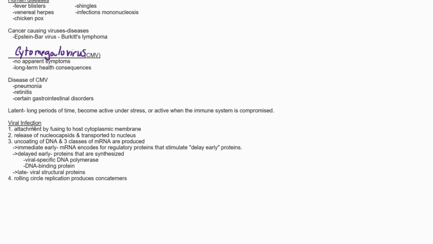How does this work? 1, there is an attachment by fusing to the host cytoplasmic membrane. 2, there is the release of the nucleocapsids and they are transported to the nucleus. 3, there is the uncoating of the DNA, and 3 classes of messenger RNA are produced. They are 1, the immediate early, 2, delayed early, and 3, late. And I will go through each one.